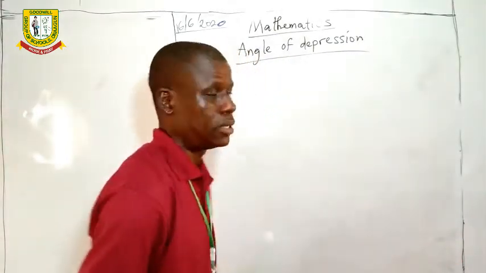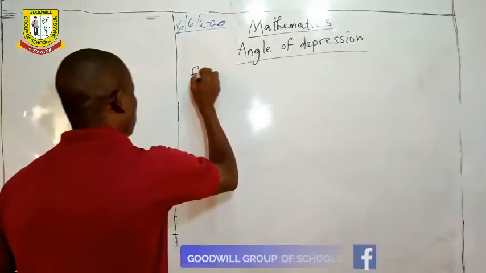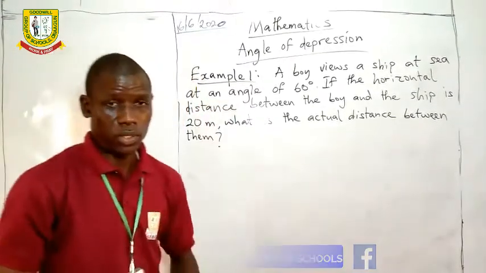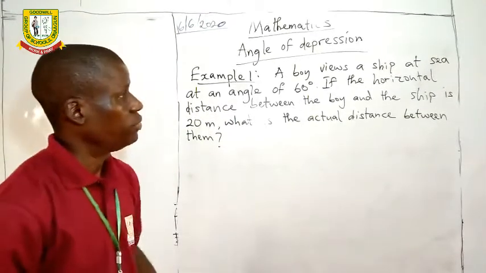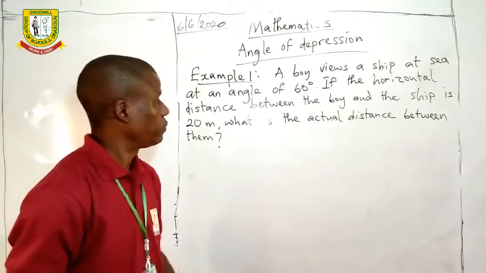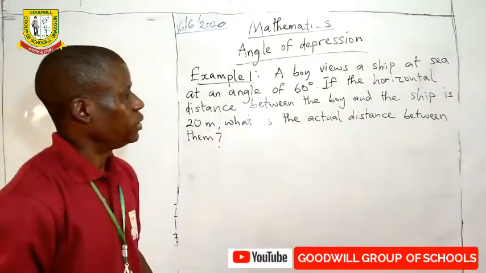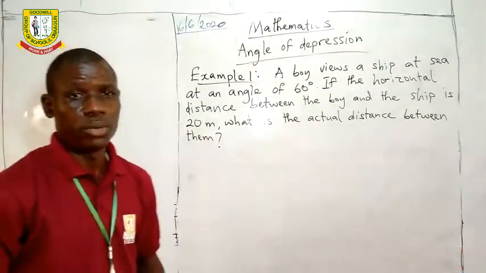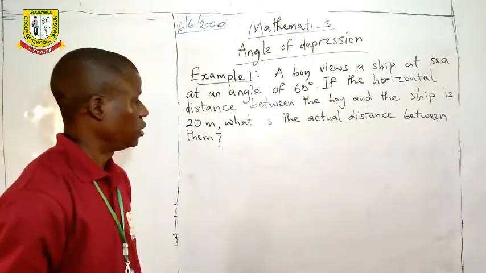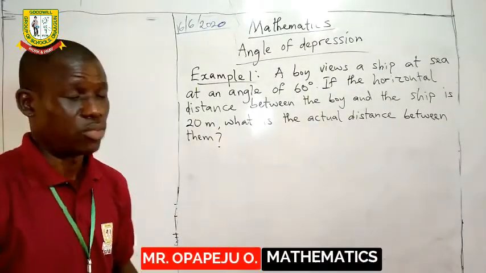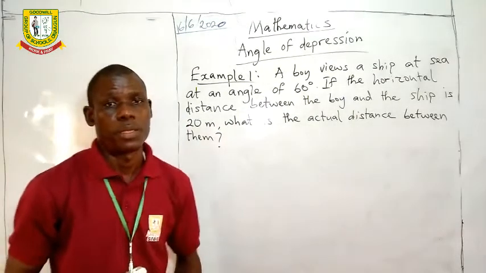Now let's take this example. Alright, let's take a look at this question. A boy views a ship at sea at an angle 60 degrees. If the horizontal distance between the boy and the ship is 20 meters, what is the actual distance between them?